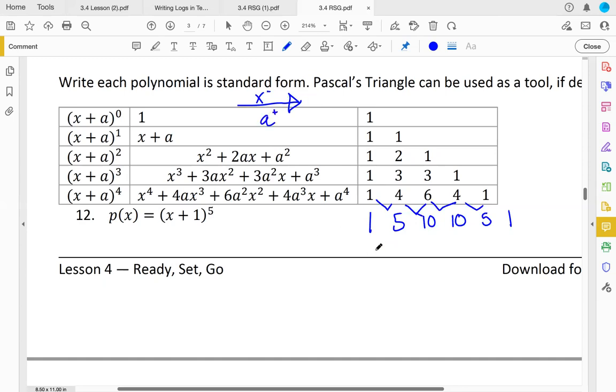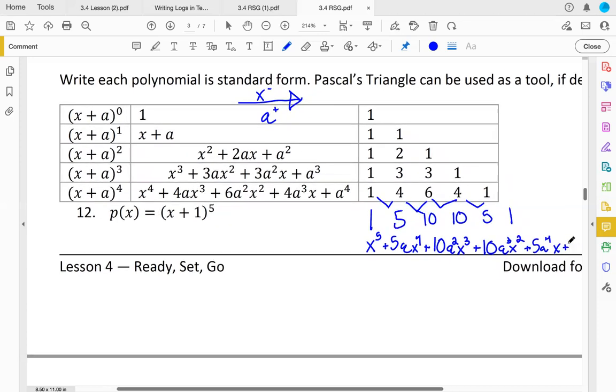So we can really treat this as 1x to the 5th power plus 5a x to the 4th plus 10a squared x to the third plus 10a cubed x squared, plus 5a to the fourth times x, and then finally just a to the fifth.